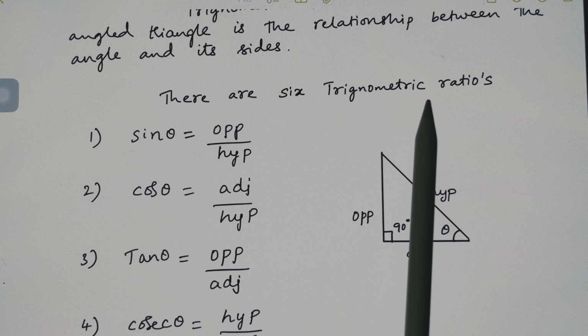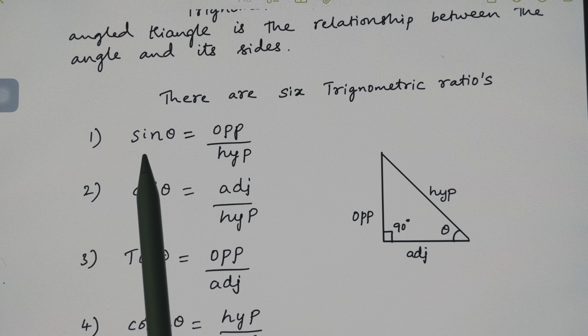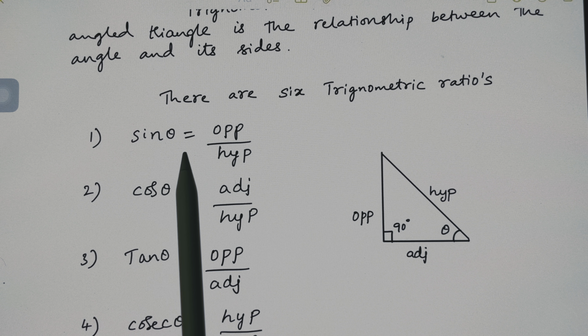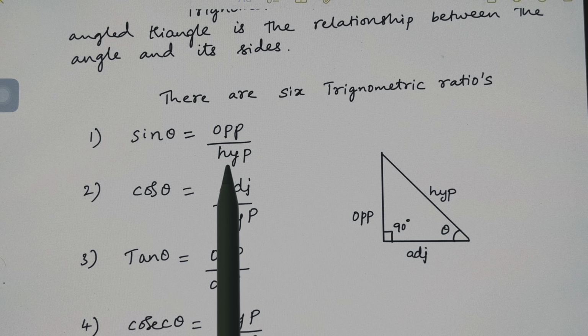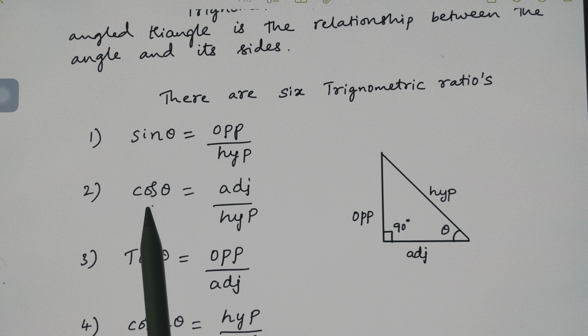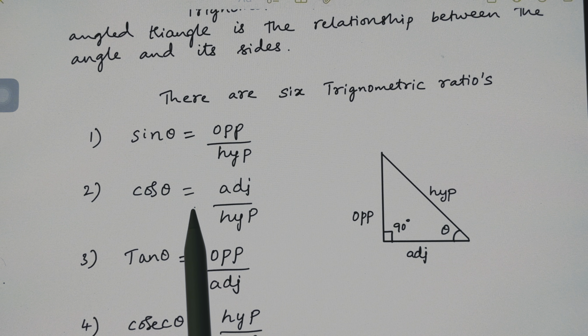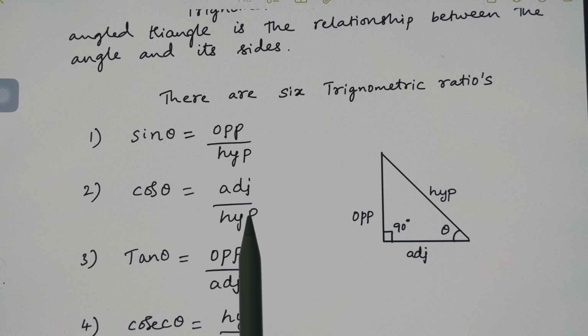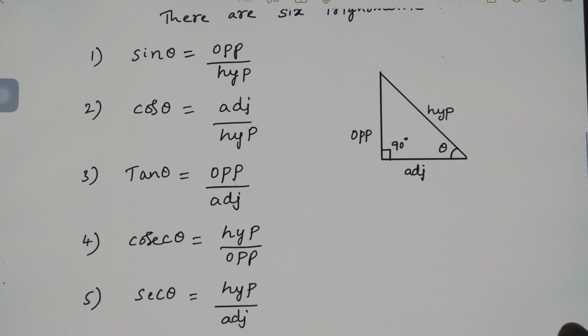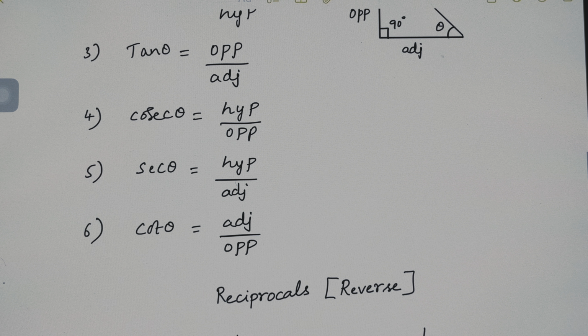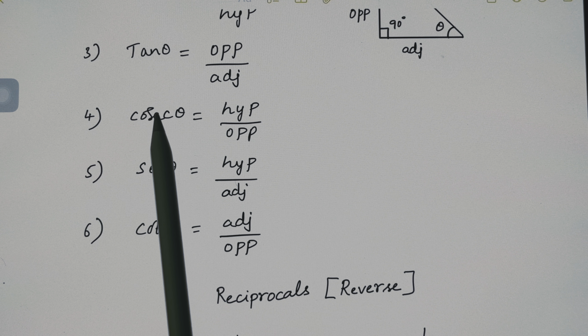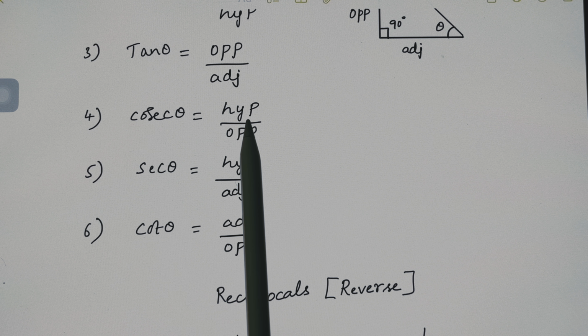There are 6 trigonometric ratios. First one is sin theta, defined as opposite by hypotenuse. Second one is cos theta, defined as adjacent by hypotenuse. Third one is tan theta, defined as opposite by adjacent side. Next you have cosecant theta, defined as hypotenuse by opposite.